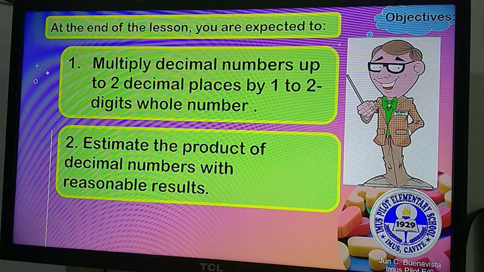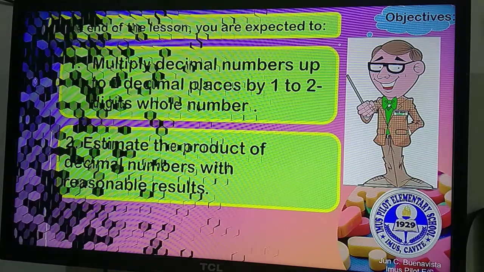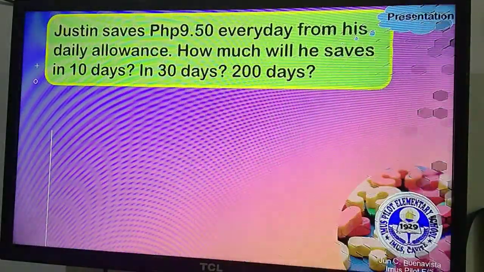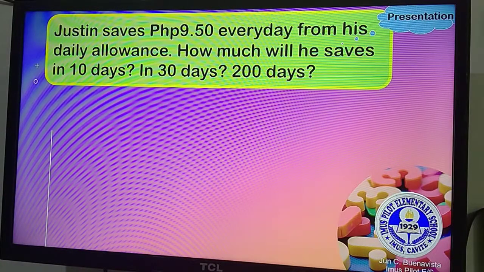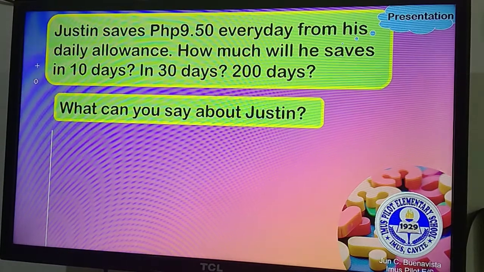So let's have this problem. Justin saves 9 pesos and 50 centavos every day from his daily allowance. How much will he save in 10 days, in 30 days, in 200 days? Now, we are going to answer the following questions. What can you say about Justin?